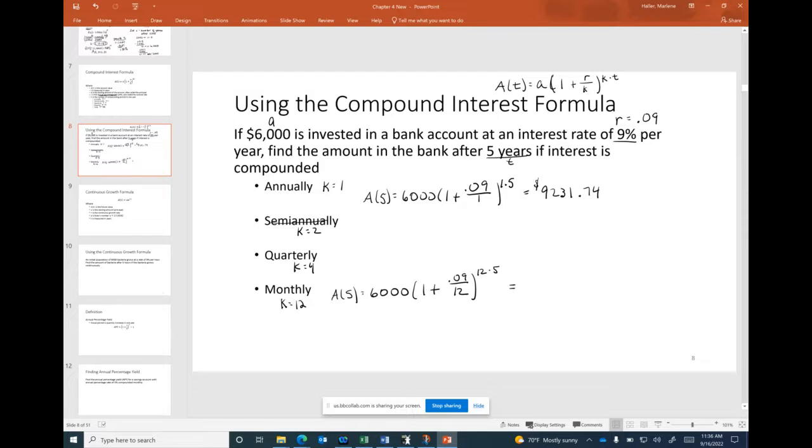Let's put that in the calculator and see what it is. 6,000 times 1 plus 0.09 divided by 12. Oops, I did forget a parenthesis. Let me put that in there. And then raising that to the 12 times 5 power.